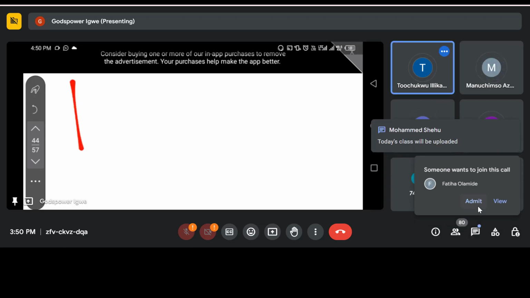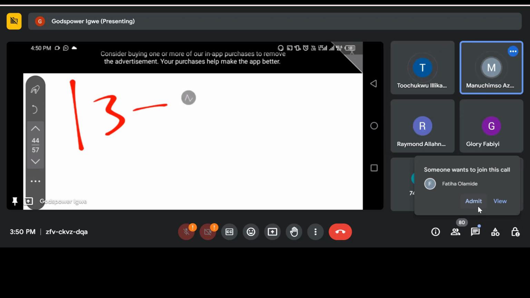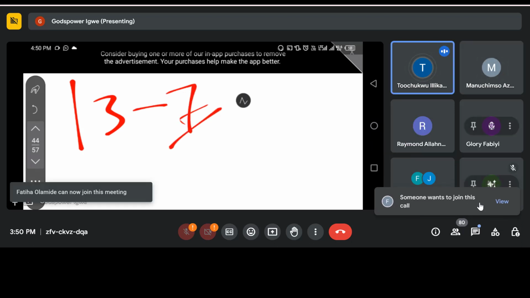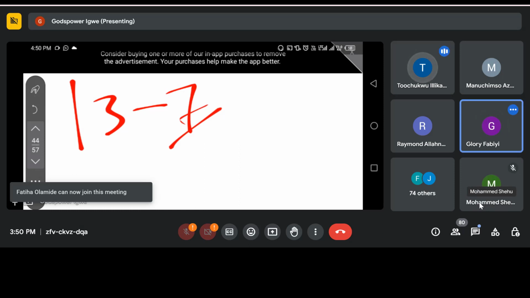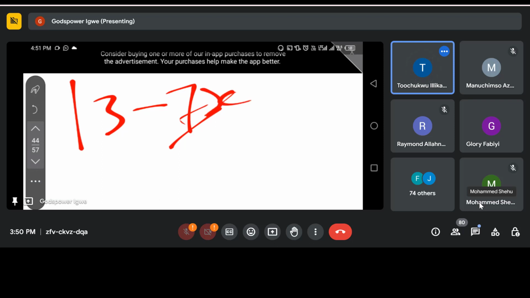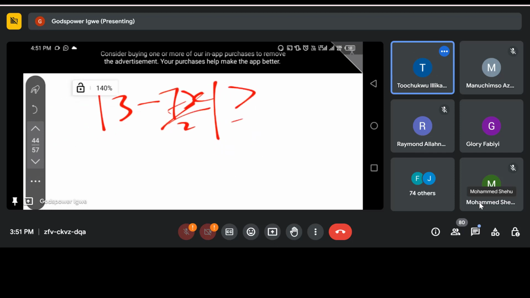The question is 3 minus 7x over 2 greater than or equal to 12.